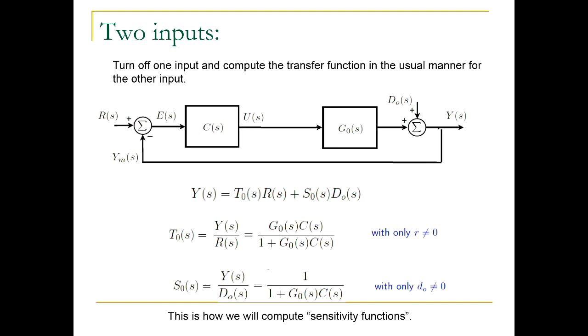So this Y may not be defined as the output. We might say, well, actually, the output I'm interested in is U, right? And we will obtain 8 different sensitivity functions, so there will be 4 inputs in general, right? And we might decide either Y is the output of the system or U is the output of the system.